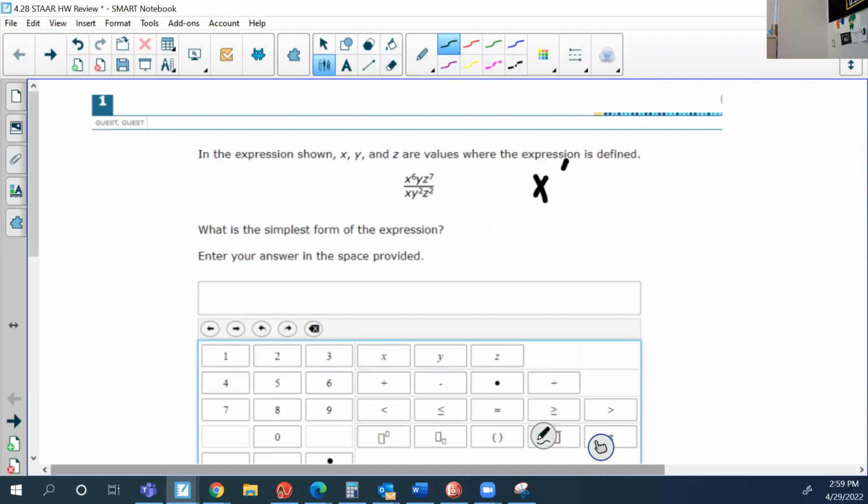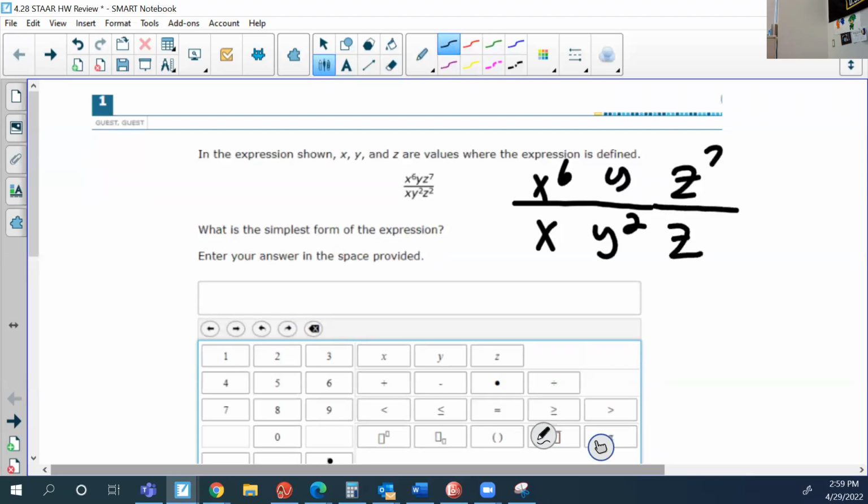So I'm going to have x to the 6 over x, y over y squared, and z to the 7 over z squared. All right, remember when we divide with exponents, what do we do? We subtract exponents. And so there's a 1 right here, so for the x we're going to get x, 6 minus 1 is 5.